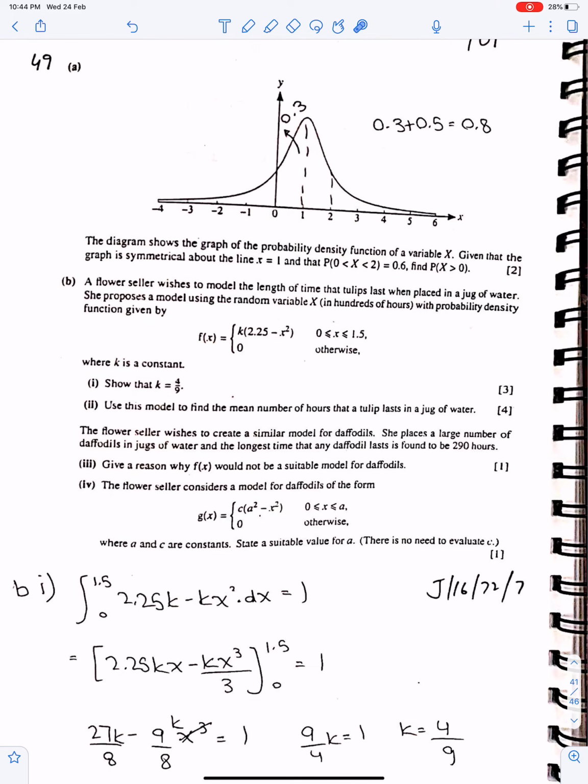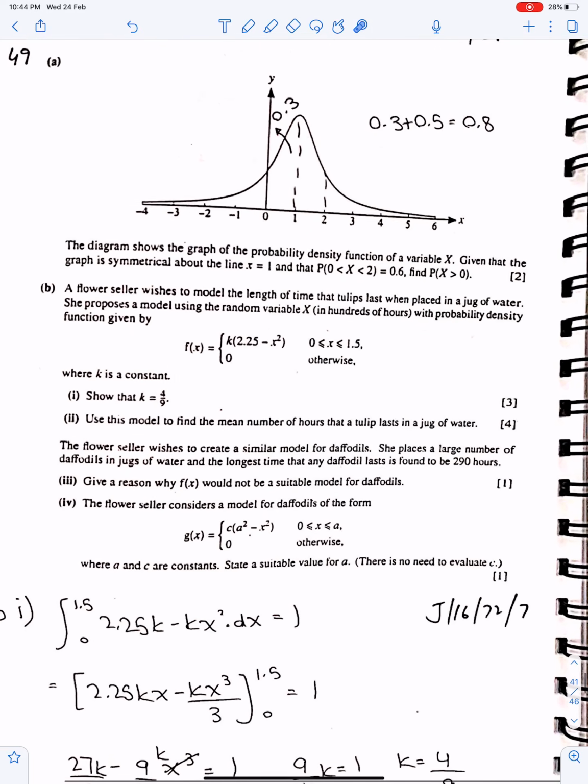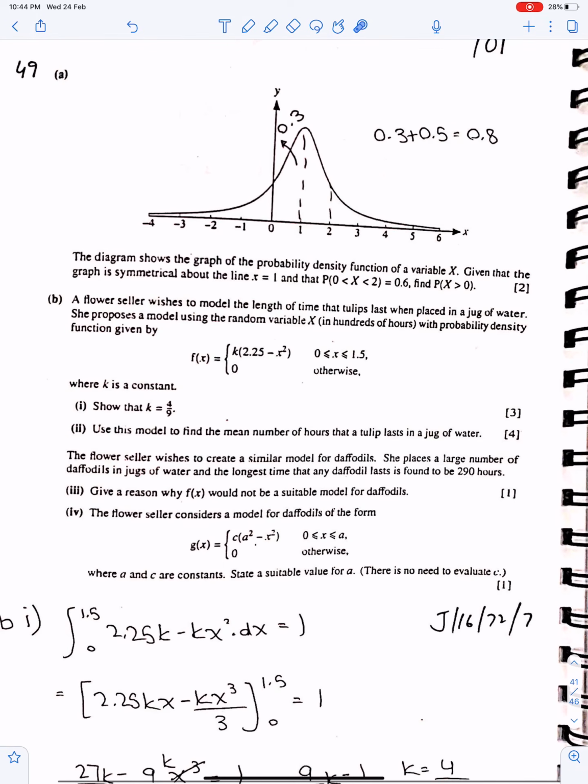Question number 49. Well, in this question, they are saying the diagram shows the graph of the probability density function of a variable x. Given that the graph is symmetrical about the line x equals 1, the graph is symmetrical about this line. And this probability 0 to 2 is 0.6.